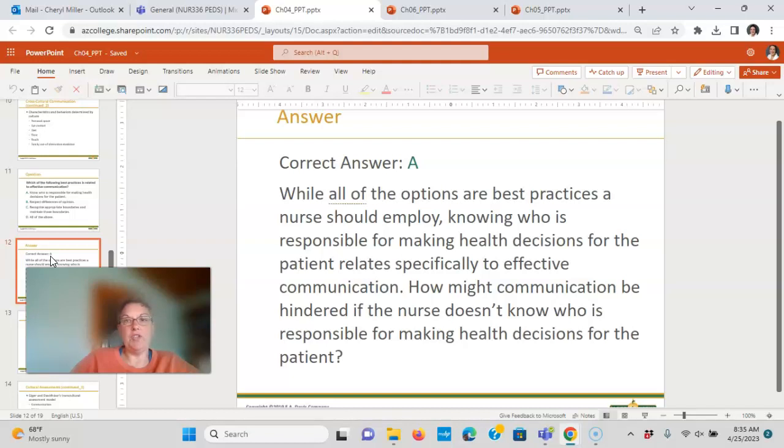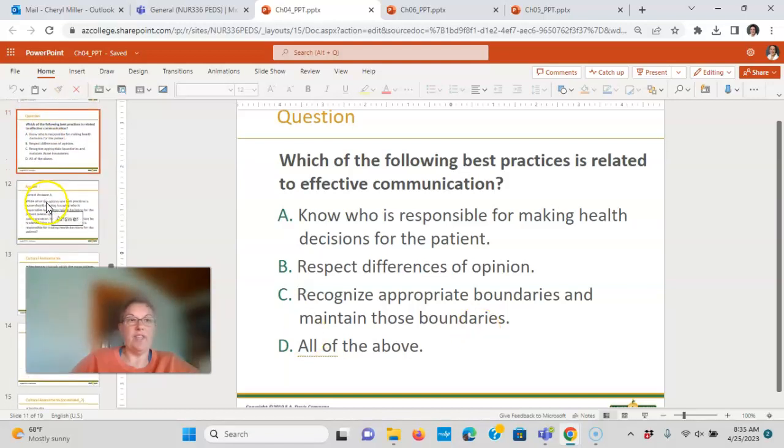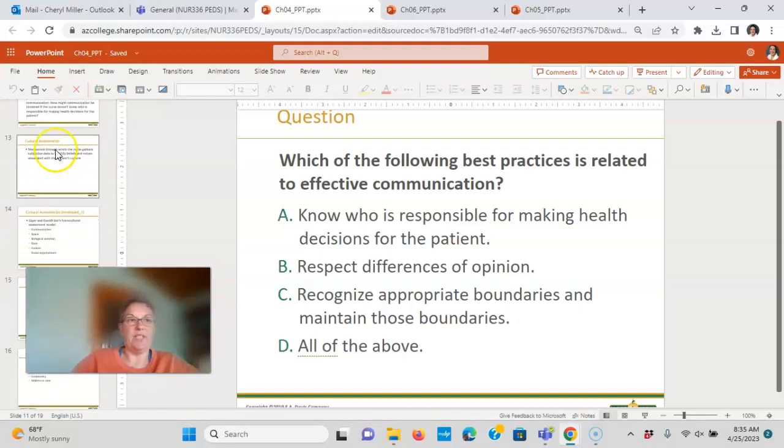So while all the options are best practices, knowing who is responsible specifically relates to effective communication. So these are great, but they didn't have anything to do with effective communication. Okay, that's how they can trick you on the test questions. The only one that had something to do with communication was A.